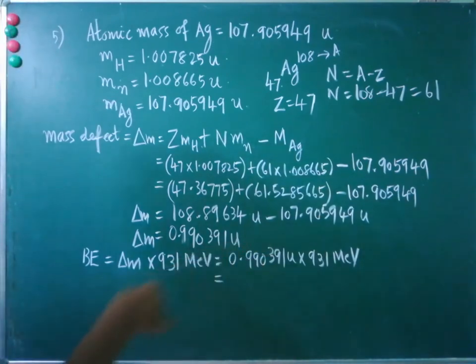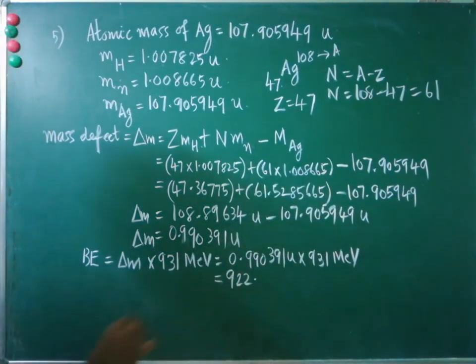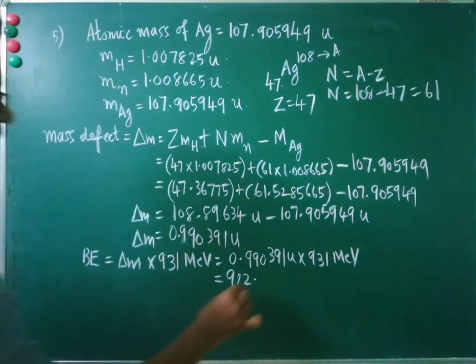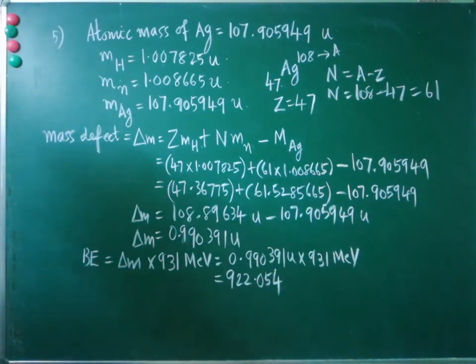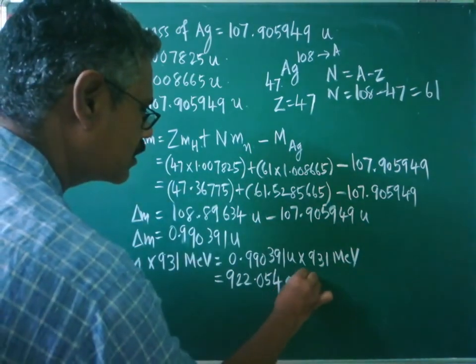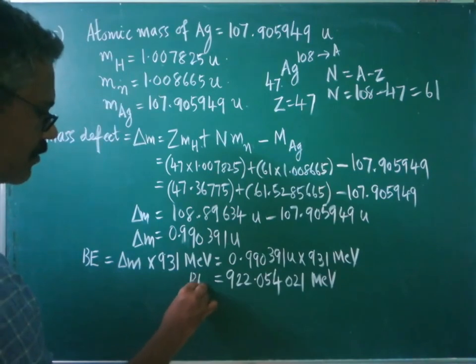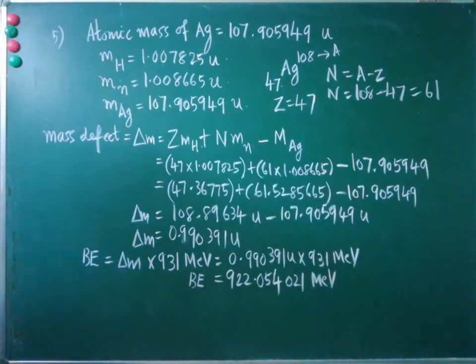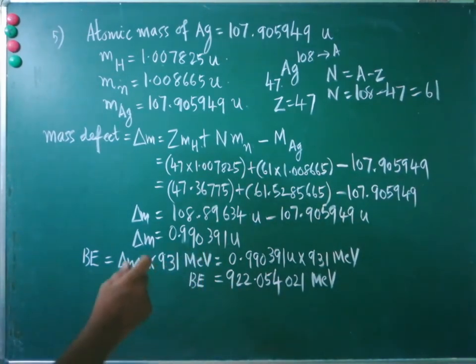After calculating, you will get 922.054021 million electron volt. So this is the value called binding energy of the silver nucleus. This much amount of energy is required to bind the silver nucleus.